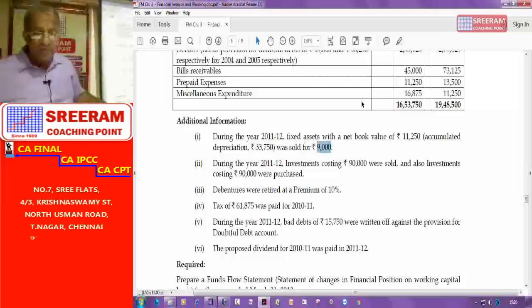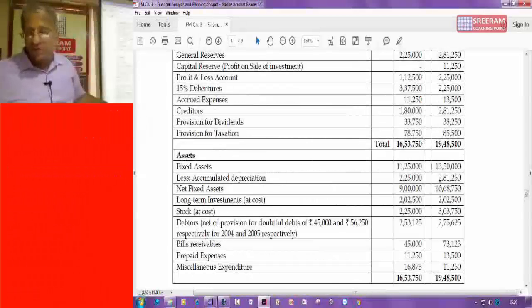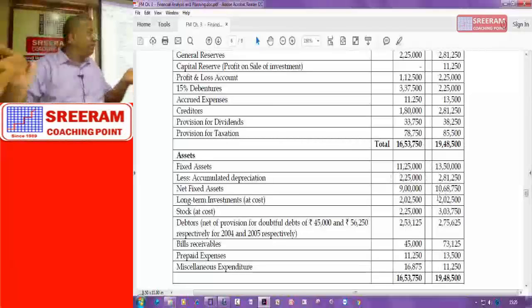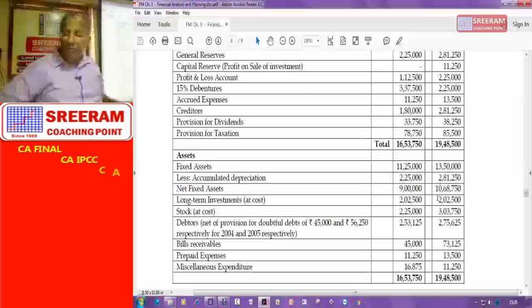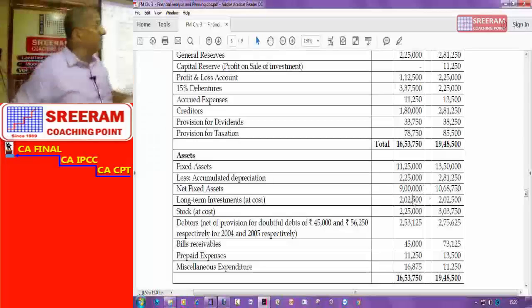Depreciation during the current period, they have not mentioned at all. See, if you prepare the fixed asset account, like we just did in the last problem, you will automatically get the information. As far as long-term investment is concerned, we have already discussed this.